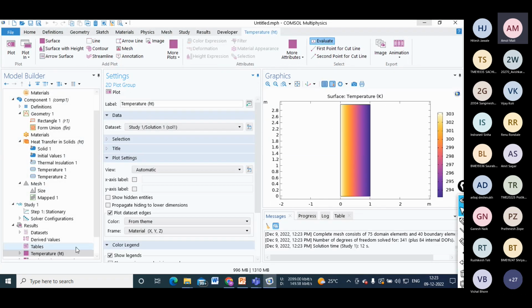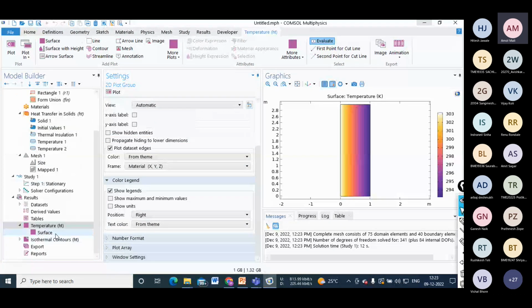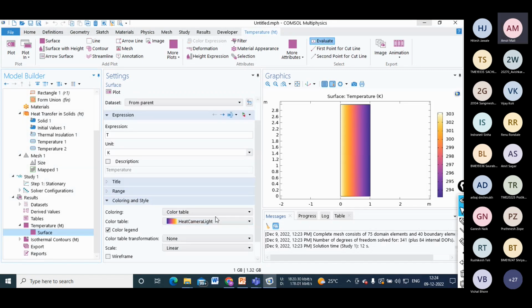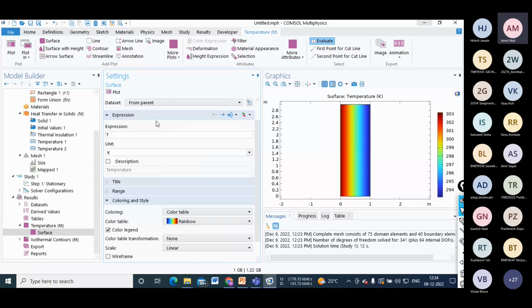ठीक है. So here I will use the rainbow color. यहाँ पर रेनबो कलर यूज कर रहा हूँ. हीट कैमरा से भी अलग यदि आपको कलर्स देने हैं तो you can provide here the rainbow. So here, at the red portion, you will get the maximum temperature of 303 Kelvin and minimum temperature of 294.